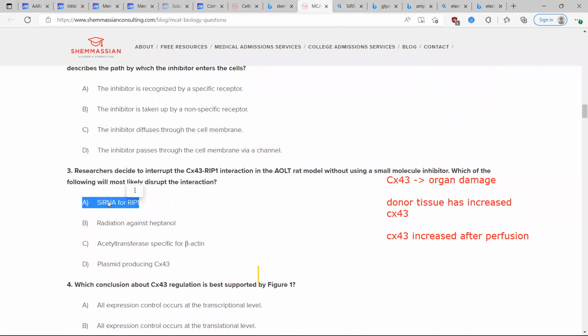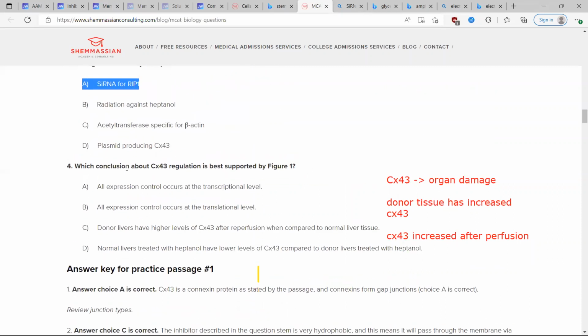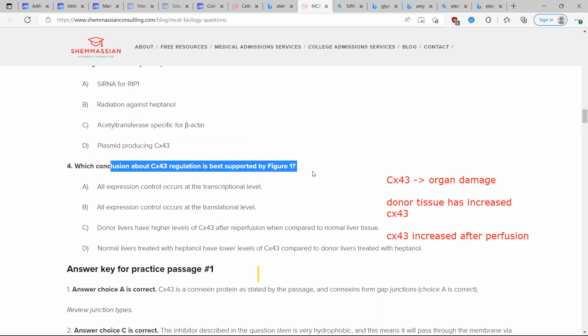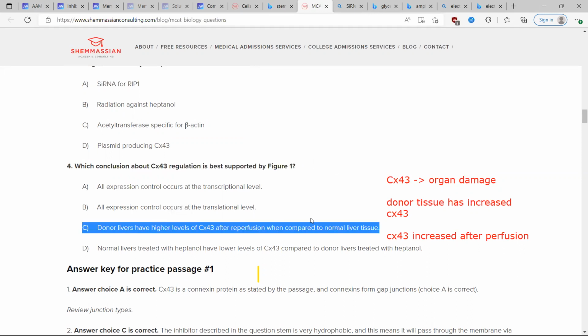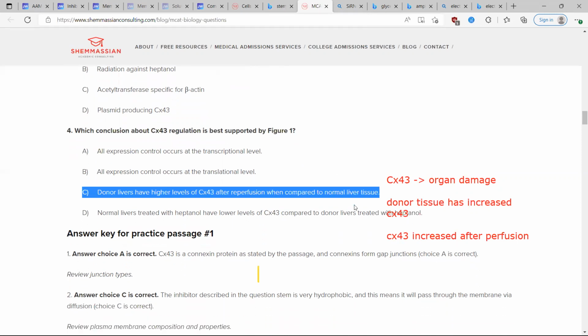This is, again, some molecular biology knowledge of RNA types. And this is our only question that was about experimental analysis, right? And from our interpretation of the graph, donor livers have higher levels of CX43 after reperfusion when compared to normal liver tissue.